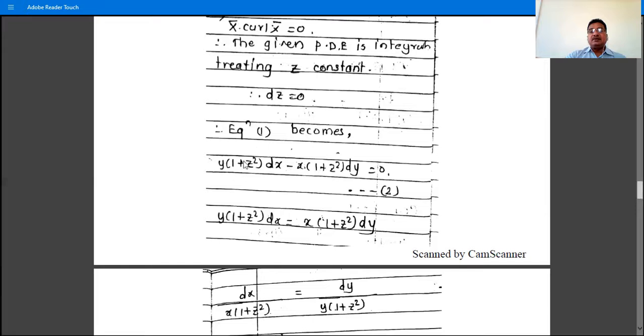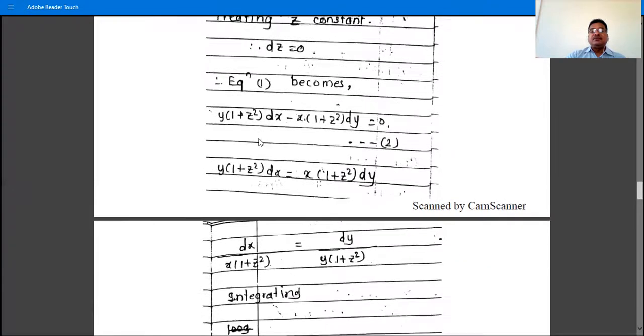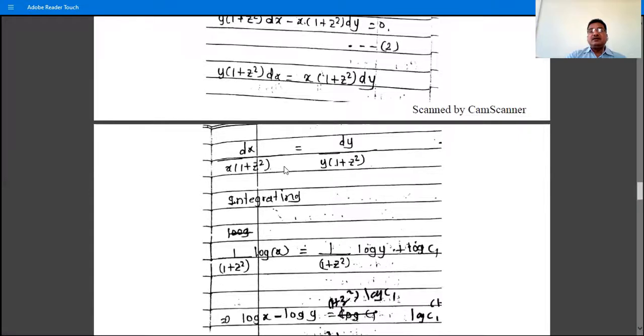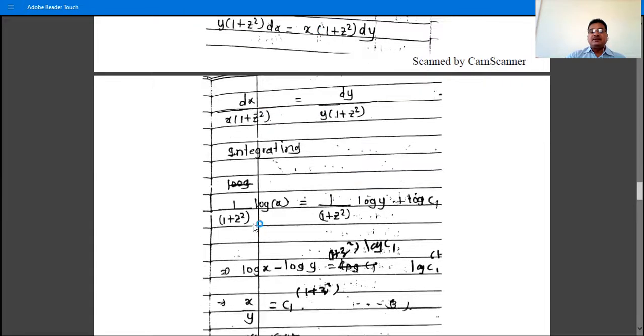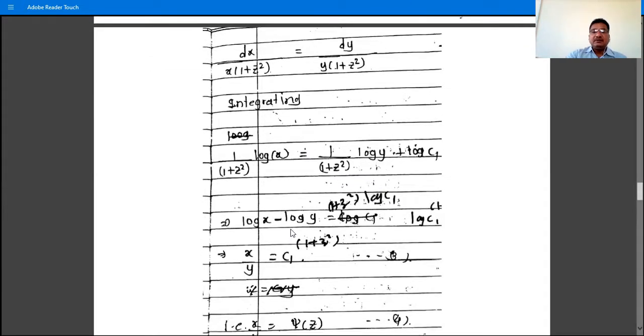So separate the variables: shift x to the LHS, shift y to the RHS, and cancel 1 + z². No need of this 1 + z².